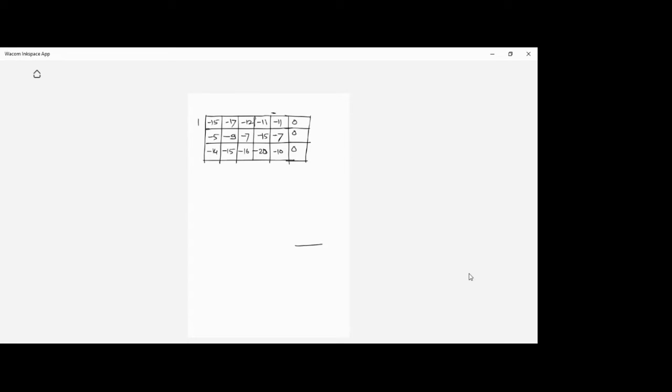So these were the factories 1, 2, 3, and 1, 2, 3, 4, 5. Here you can say this is a dummy agency that we have considered. We are going to use D only here.